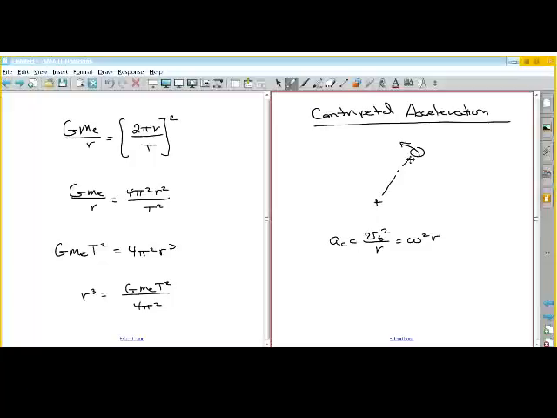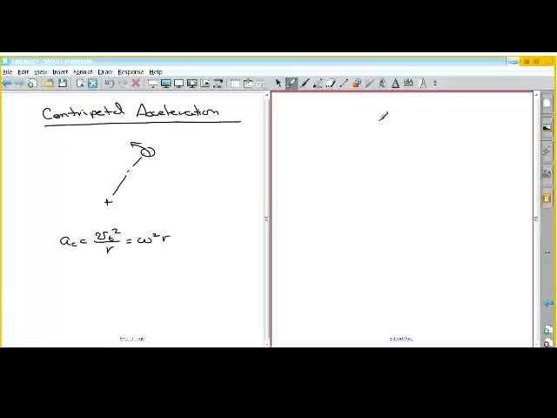You can use this acceleration in conjunction with Newton's second law to solve problems that involve things moving in circles. We use that over here for the case of a planet. But let's think about if you've got something on a string, you might ask, what is the tension in the cable? There's this force on the string.